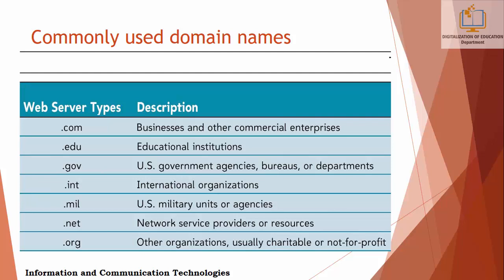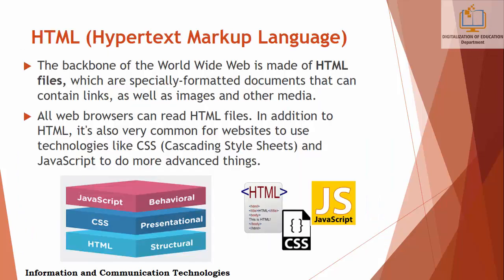Commonly used domain names are .com, .edu, .gov, .mil, .net, .org. For example, com for commercial organizations, gov for government sites, edu for educational sites, org for other organizations.